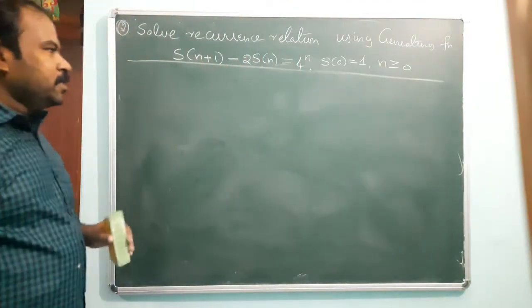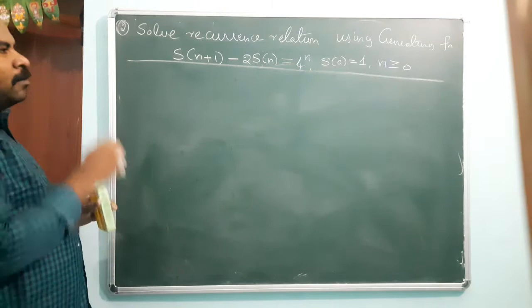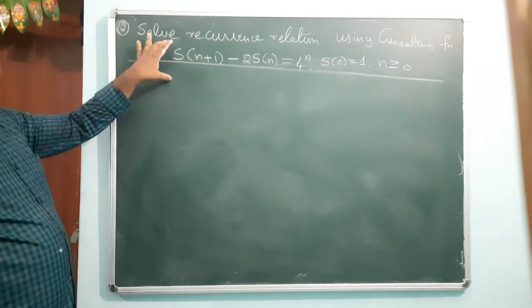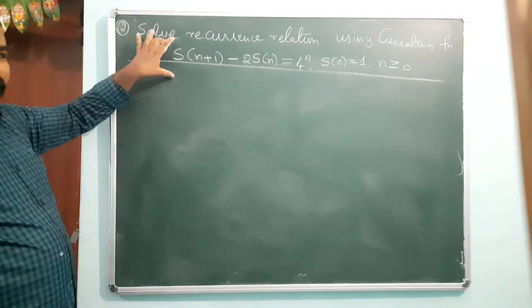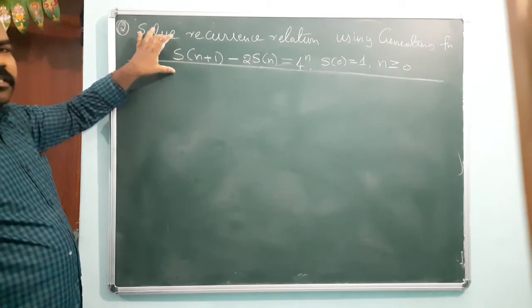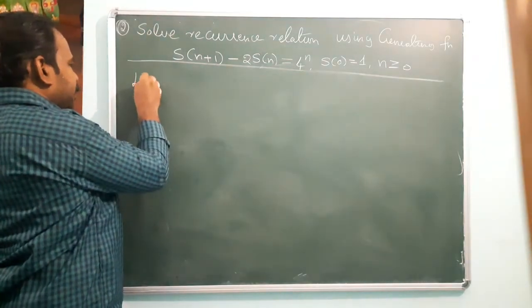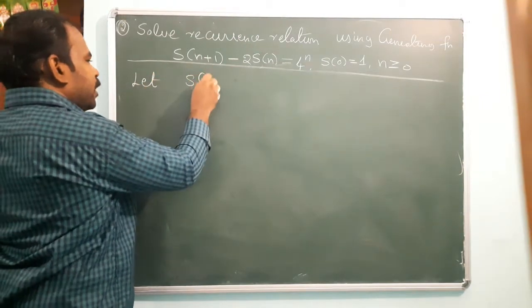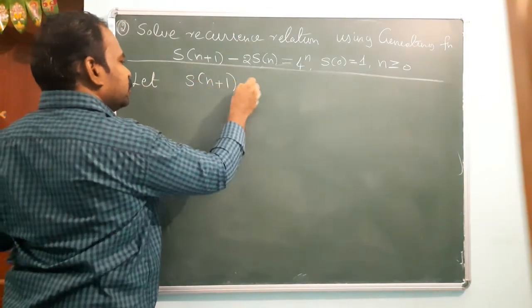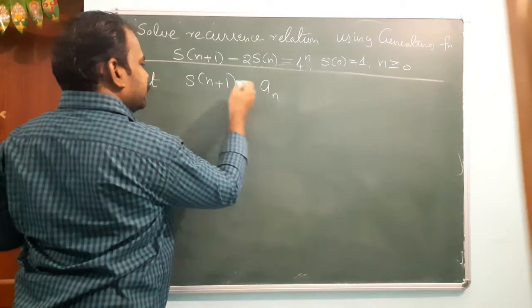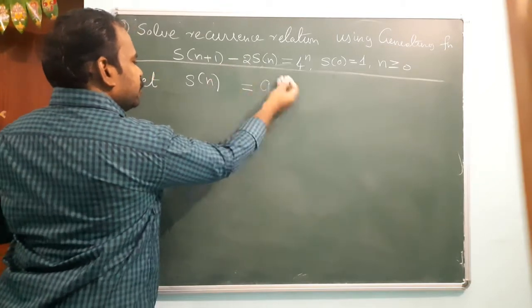So first, I convert the problem into our notations. Then we can easily solve the problem. Let s of n plus 1 equal to a n plus 1, and s of n equal to a n.